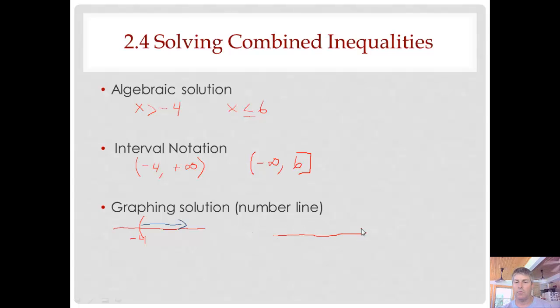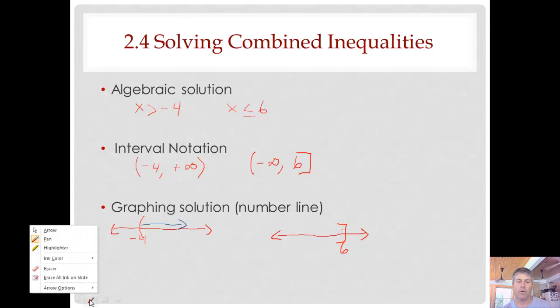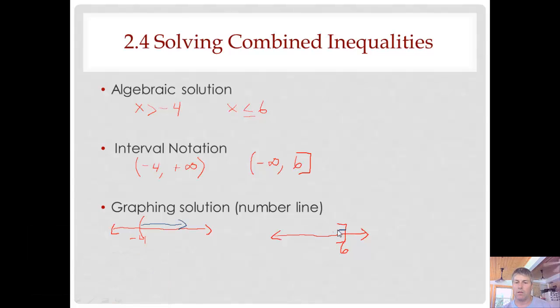I can put arrows on my number line here. So my critical point is 6, and we want less than or equal to, so we're going to do a bracket, and then we want to graph everything that's less than 6. So there's our graph with the bracket, less than 6, and here's our graph, parentheses, greater than negative 4.